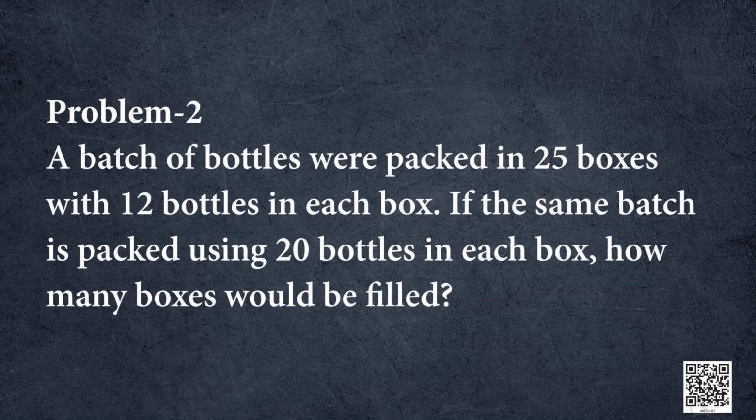Next one, a batch of bottles were packed in 25 boxes with 12 bottles in each box. If the same batch is packed using 20 bottles in each box, how many boxes would be filled?